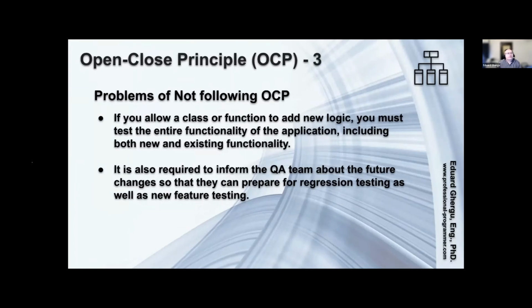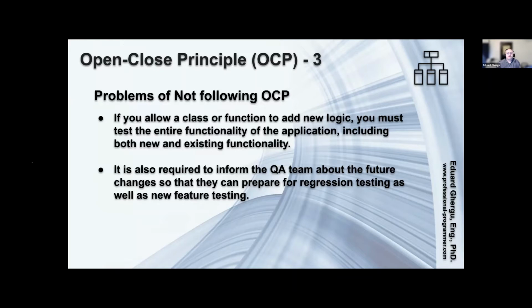So if we are not going to follow OCP, the Open/Closed Principle, as I said, it's possible to introduce undesired behavior, things that we're not thinking can break, but it can happen.